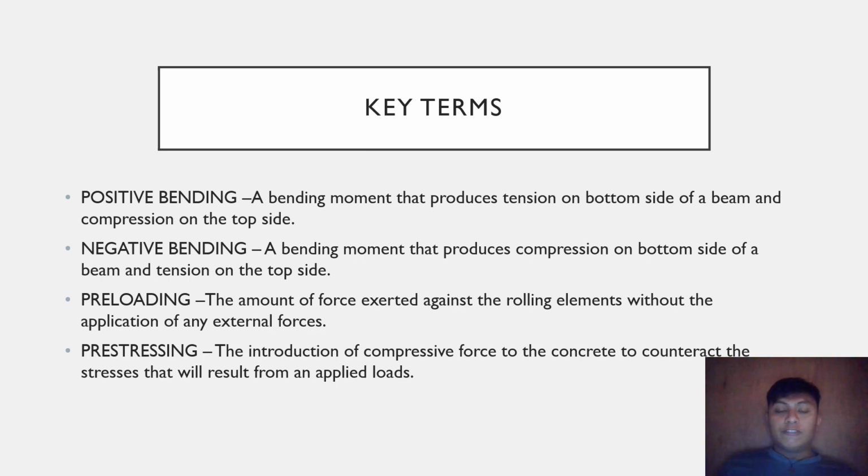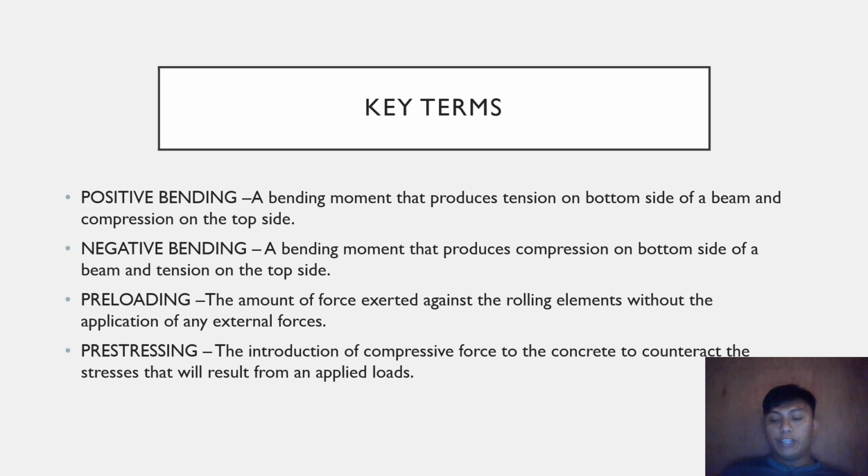First, positive bending. It is a bending moment that produces tension on the bottom side of a beam and compression on the top side of the beam. Basically, positive bending is the most common type of bending that we encounter when designing a beam.